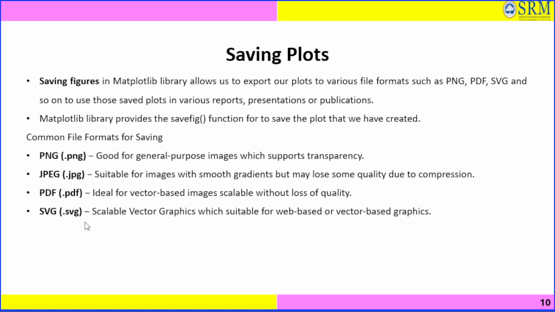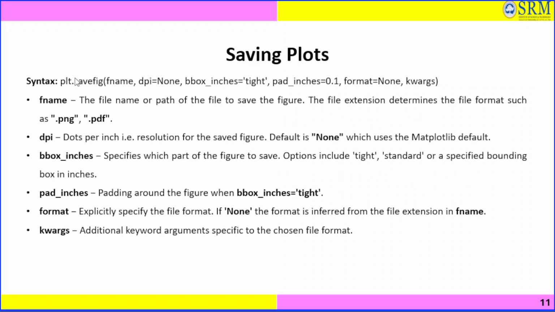These are the different formats: PNG, JPEG, PDF, and SVG. This is the syntax for saving the plots. plt.savefig is a function, and these are all the parameters: fname, dpi, bbox_inches, pad_inches, format, **kwargs. So these are the arguments for the savefig function.